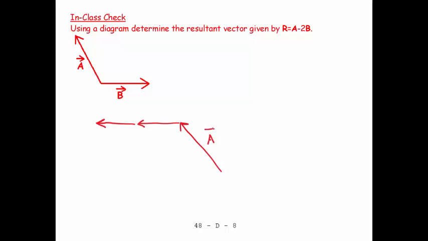So this is vector A, and this is vector B, and here's the second vector B. And then again, we put our resultant in. Our resultant starts at the beginning of the beginning, and it ends at the end of the end. And because these are vectors, you must be careful to make sure you clearly show the arrowheads. No arrowhead, it's not a vector. So watch out for that.